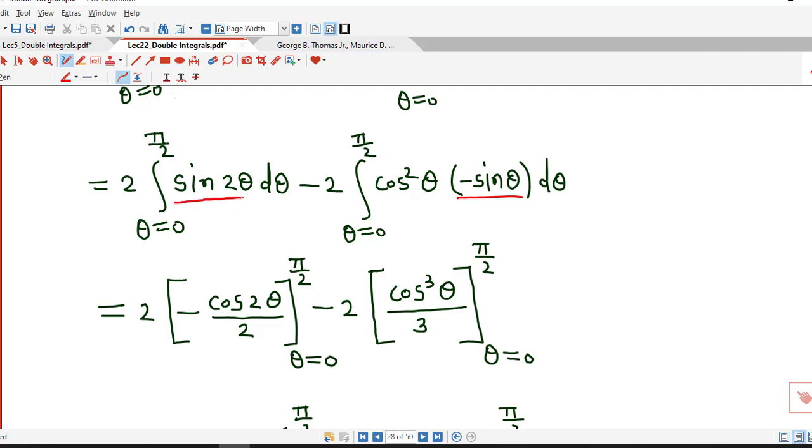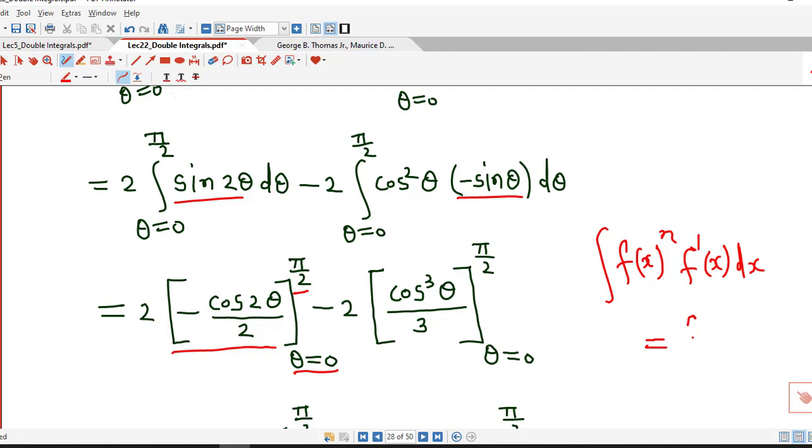Now integral of sin 2 theta is minus cos 2 theta divided by 2, theta from 0 to pi by 2. And here we are using the formula, integral of f(x) raised to n into f dash x dx is nothing but f(x) raised to n plus 1 divided by n plus 1, if n is not equal to minus 1.